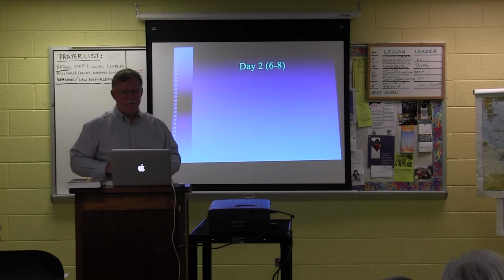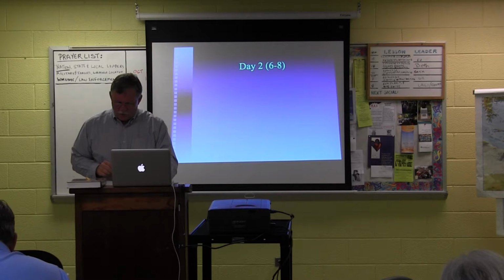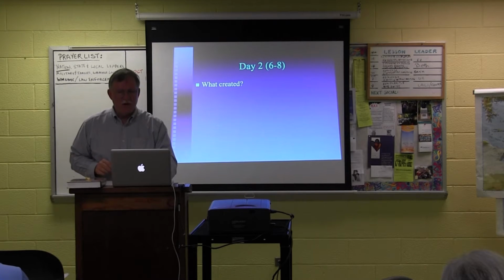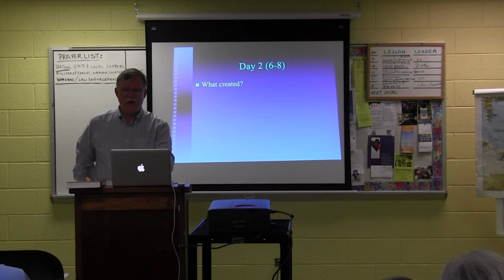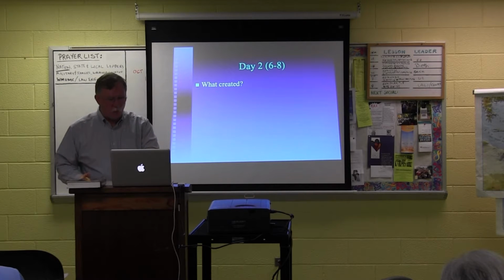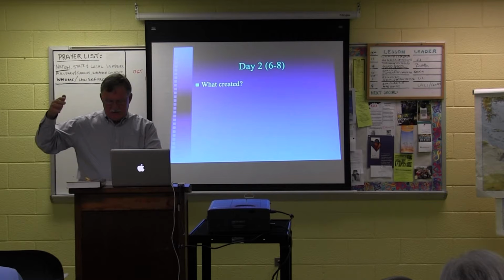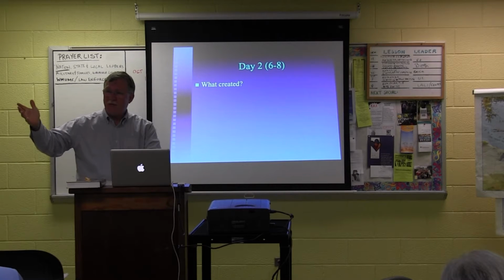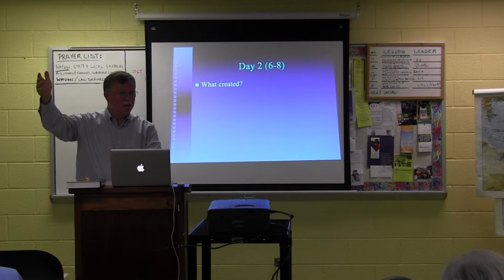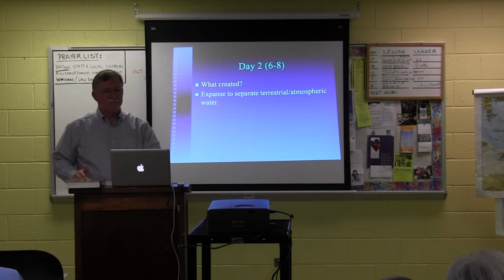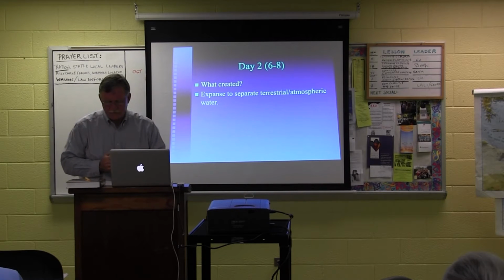In the second day, what is created? Well, you could say water, but it's a vault in the NIV, or a space, a firmament in King James, an expanse to separate different parts of the water.